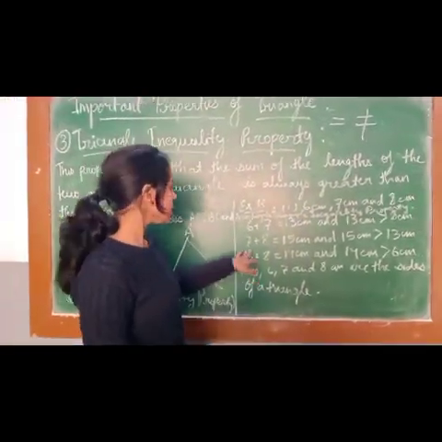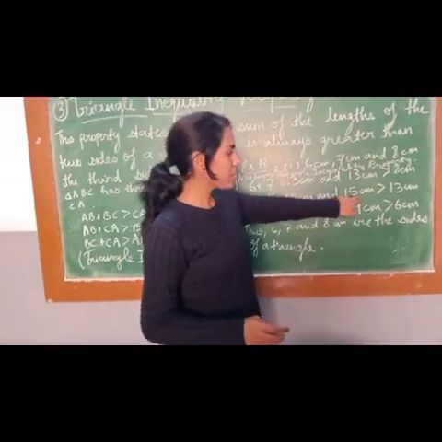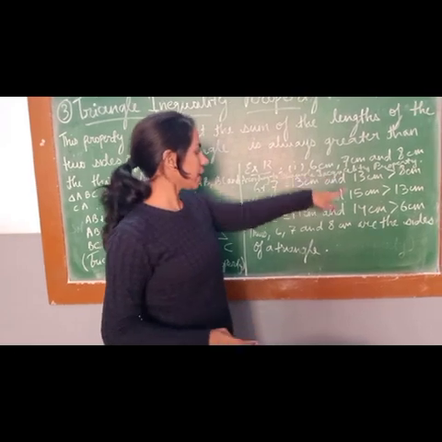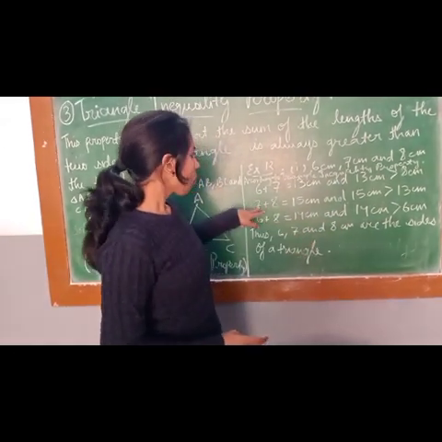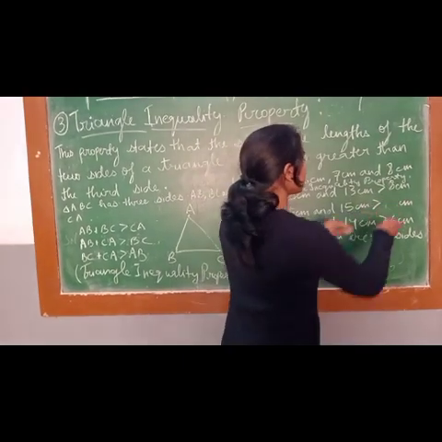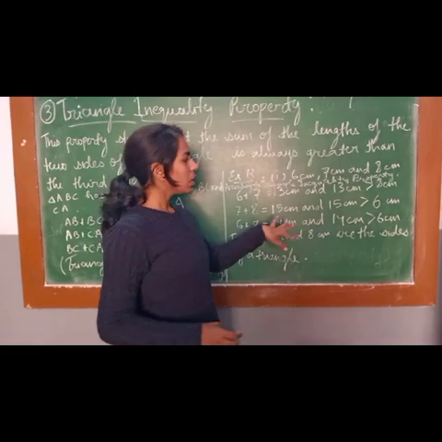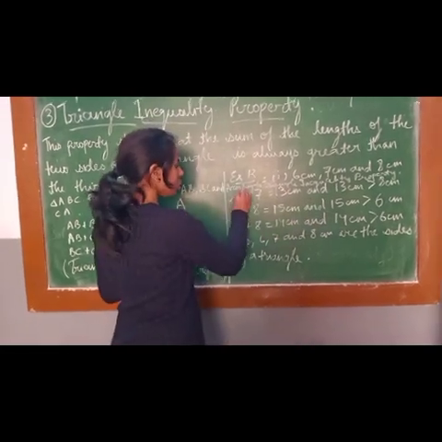Let's check for other sides. 7 plus 8 is equal to 15 centimeter and 15 centimeter is greater than the third side. Third side is 6 centimeter. So 15 is greater than 6 centimeter. That means this is also true.